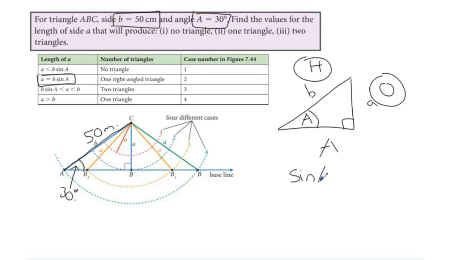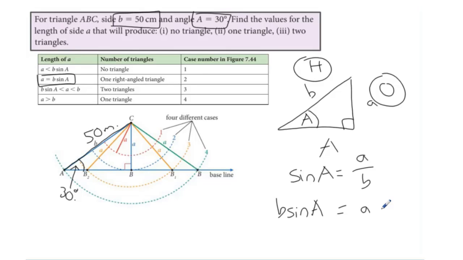Sine A is opposite over hypotenuse, so it's A over B. So in a right-angled triangle, A would be B sine A. That's the blue line.